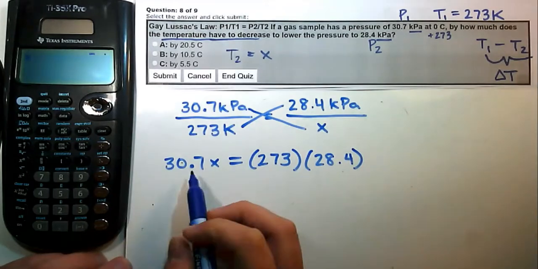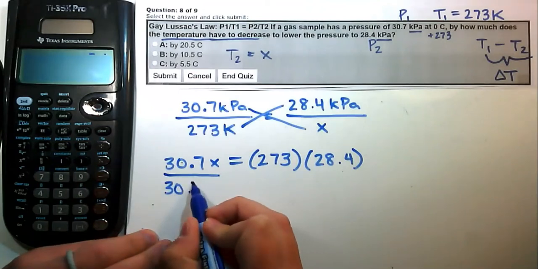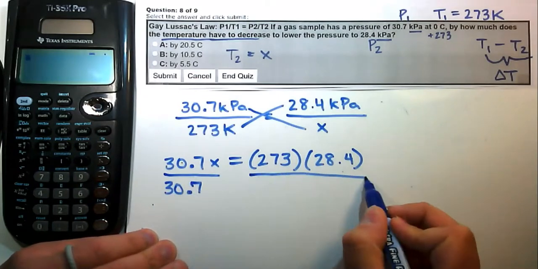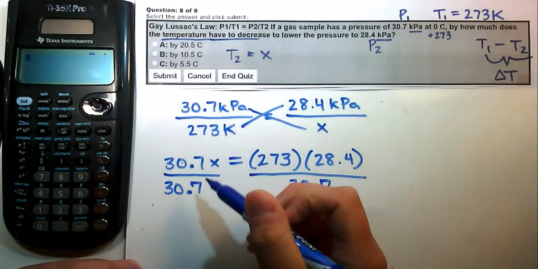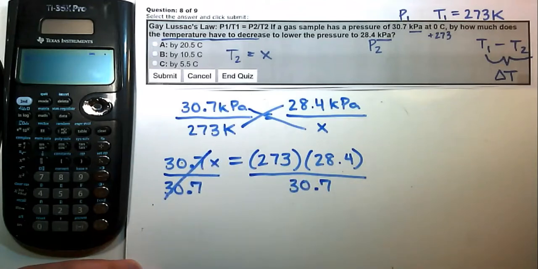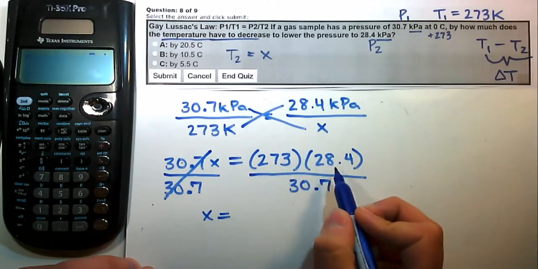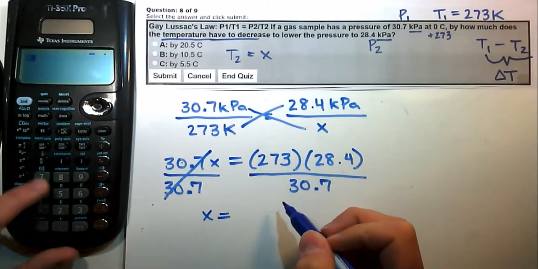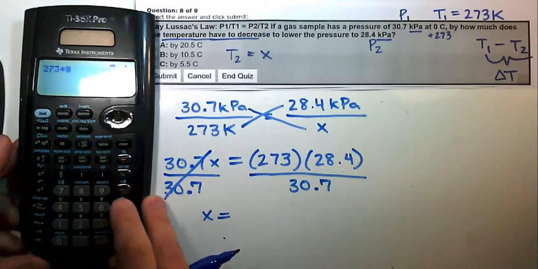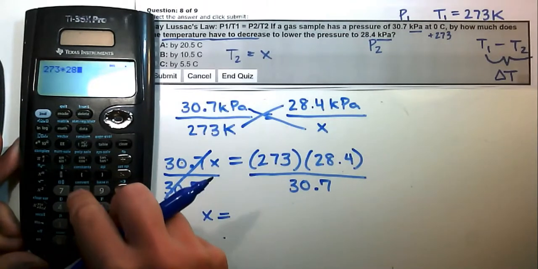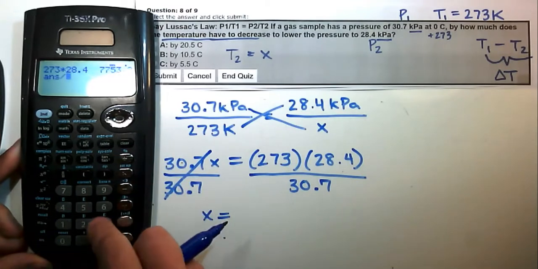Now that we've done this, to isolate X, all that we need to do is divide by 30.7. And whatever we do on one side, we must do on our other side as well. So we're going to divide by 30.7 on both sides. The 30.7s cancel out, and now we have X equals 273 times 28.4 divided by 30.7. 273 times 28.4, enter, divided by 30.7.